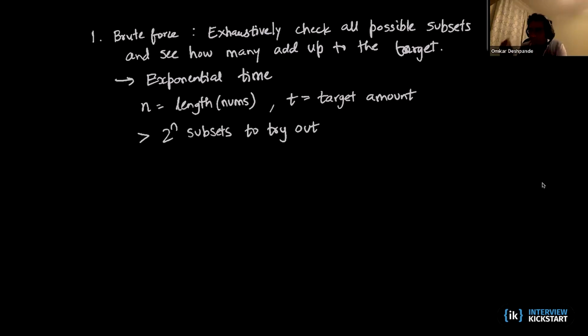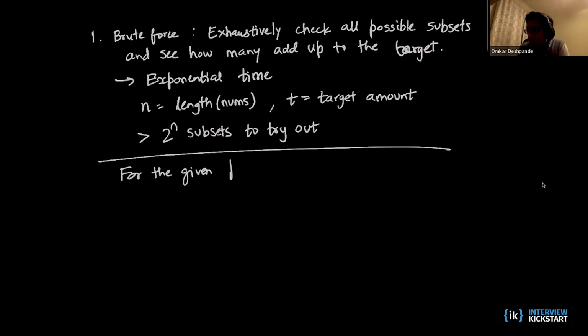Another way to argue this is, for the given problem, I'll give you an example of how the number of subsets could be exponential if we try to enumerate each of them.